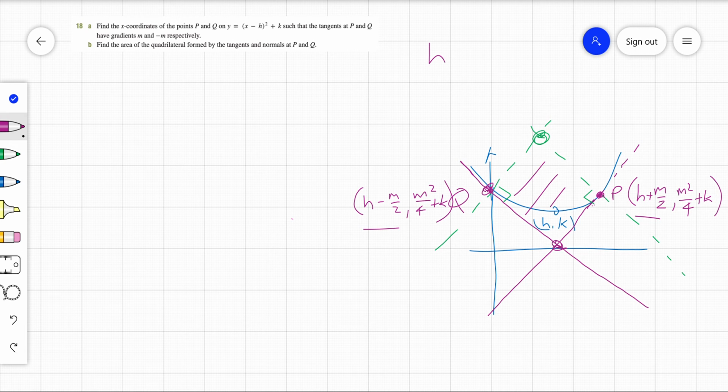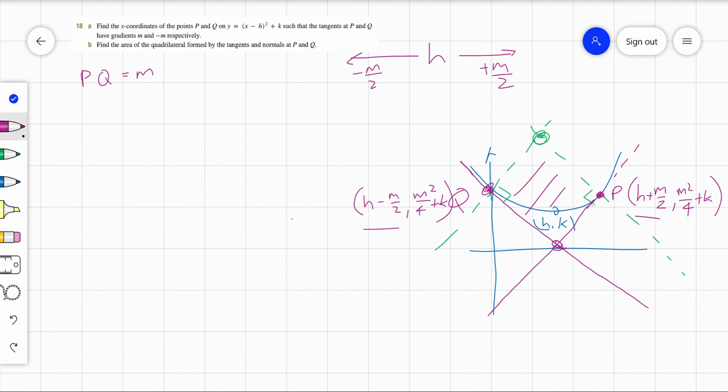So we started at h, take away m on 2, and then we've gone to h plus m on 2. So that total distance will be m. We've got 2 half m's there. So QP is m.